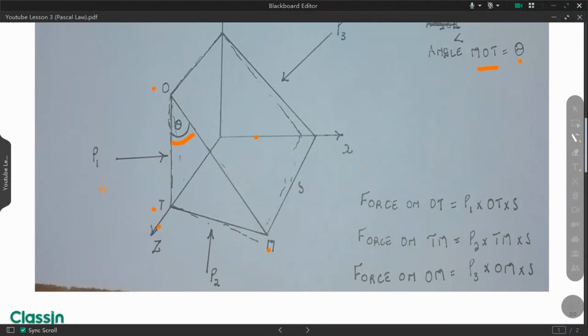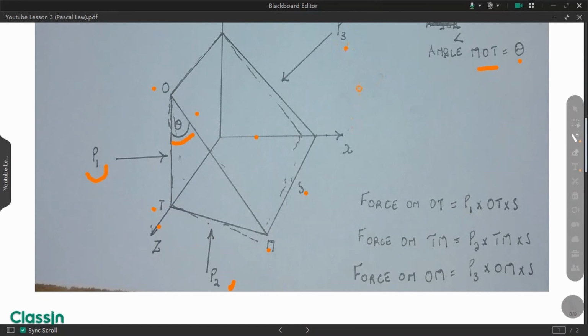So consider the pressure at the surface OTS, which is equal to P1. The pressure on surface TMS is equal to P2, and the pressure on MOS is equal to P3.